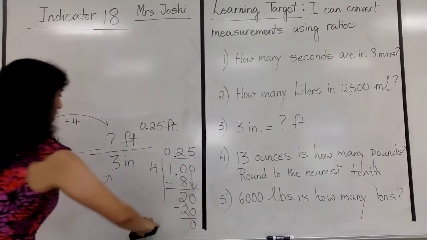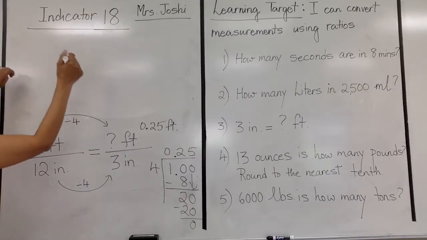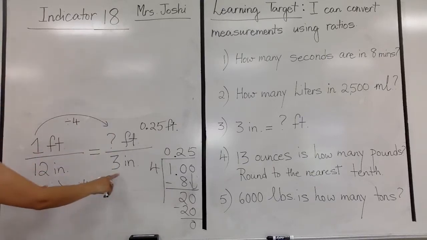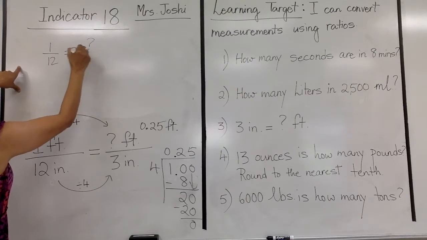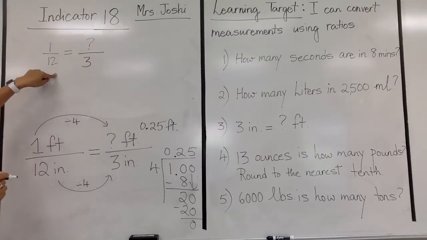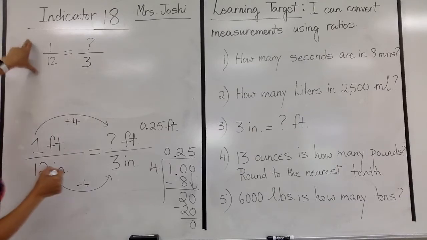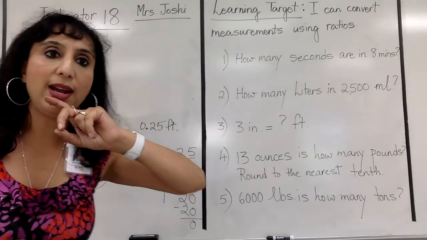All right. Another way you could have done this is, well, I could have also done, let me show you. 1 over 12 is equal to how much over 3? Let's say I went backwards, because normally what I do is I go the same. Whatever I do to the numerator, I do to the denominator, right?